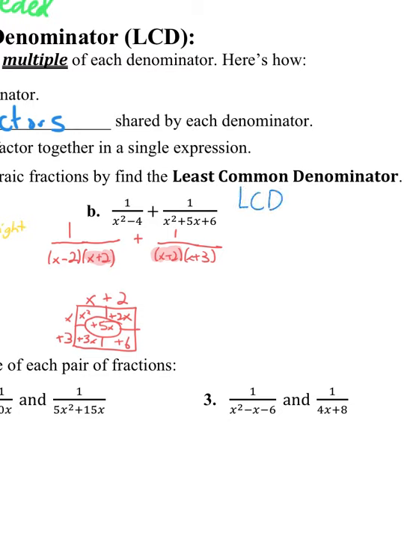Now when I'm listing my least common denominator, like I said, there was an x plus 2 that was on both sides. The left side needs to be x minus 2, and the right side needs to be x plus 3. Both sides, all right, that's what we're looking at here.